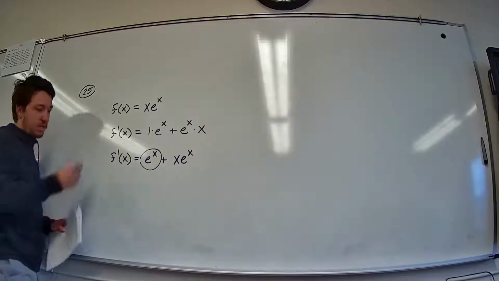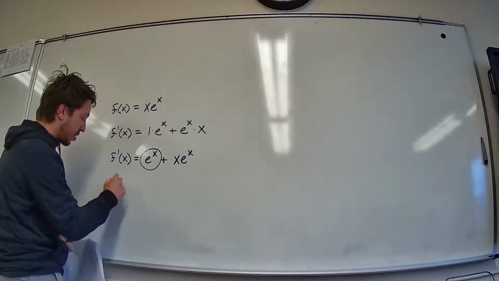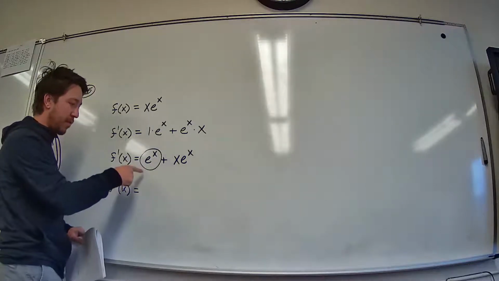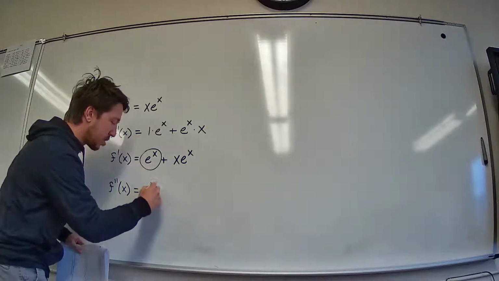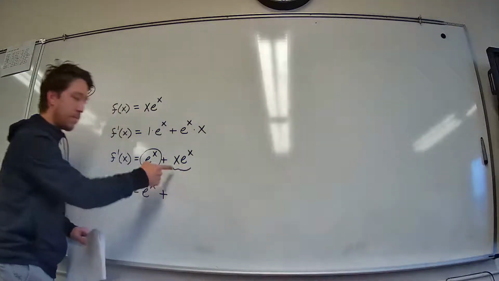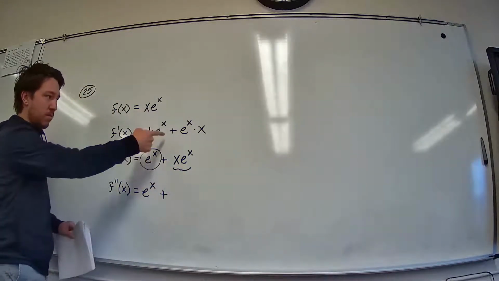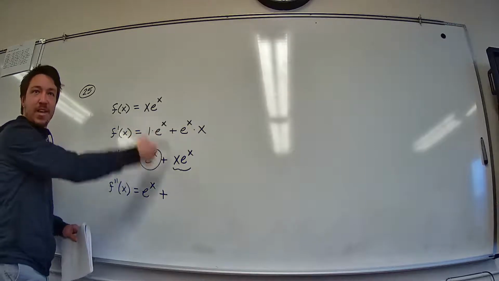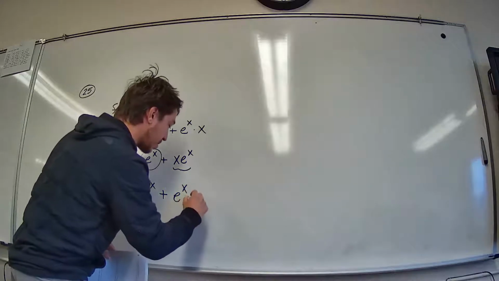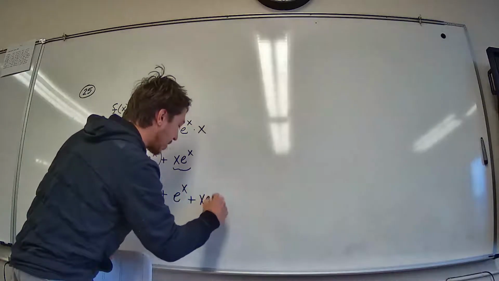Okay? Just for good measure, let's take the second derivative just to make sure we're not confusing ourselves. Well, the second derivative would be this: e to the x, e's its own derivative, plus the derivative of this term. We just did that question a second ago. So the derivative of this is e to the x plus x e to the x.